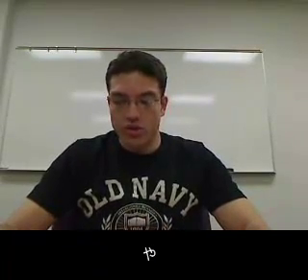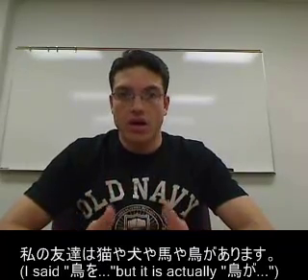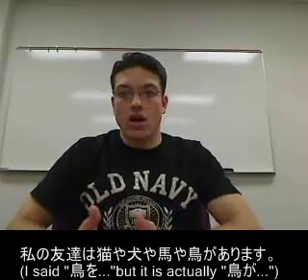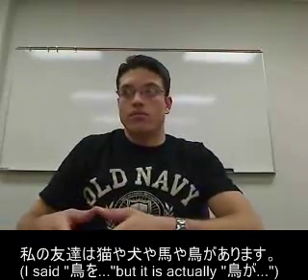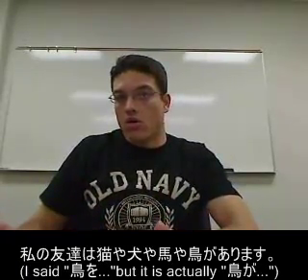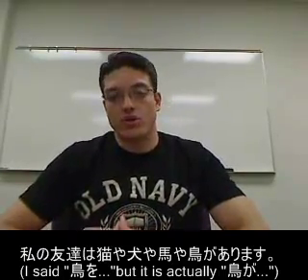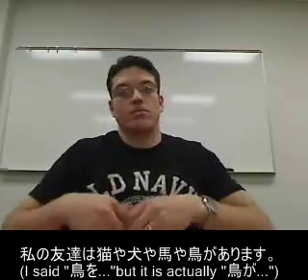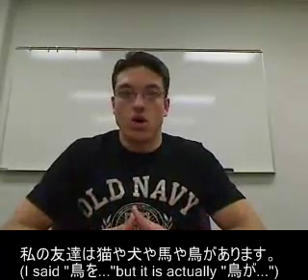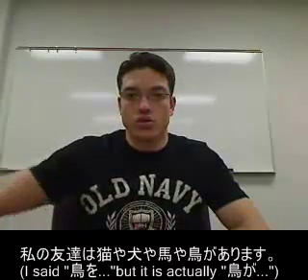The next particle is the complementary to to. This is ya. It is also equivalent to and, but in this case in an infinite list. For example, you say, 私の友達は猫や犬や馬や鳥をあります。So what you're saying is, my friend has dogs and cats and horses and birds and so forth.